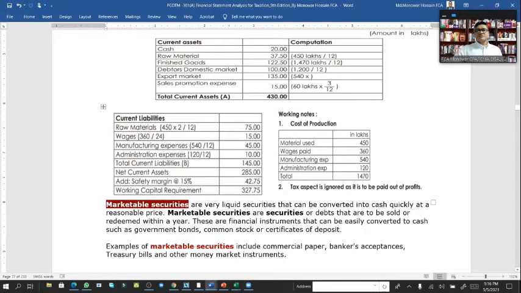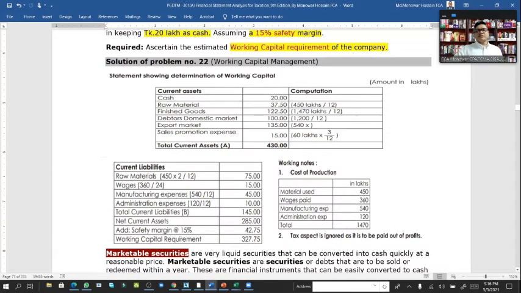Material use 450, wages paid 360, manufacturing 540, administrative expense 120. Total cost of production is 1,470 lakh. So this 1,470 lakh for 1 year divided by 12 months gives 122.50 lakh for 1 month of finished goods. And now debtors for the domestic market.